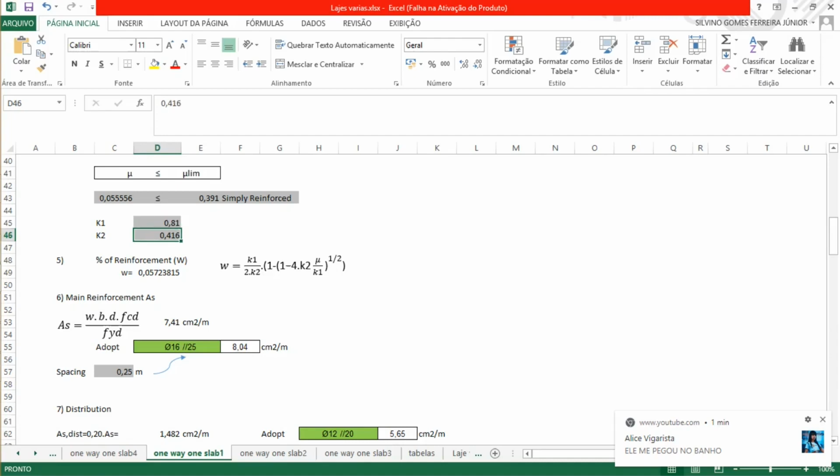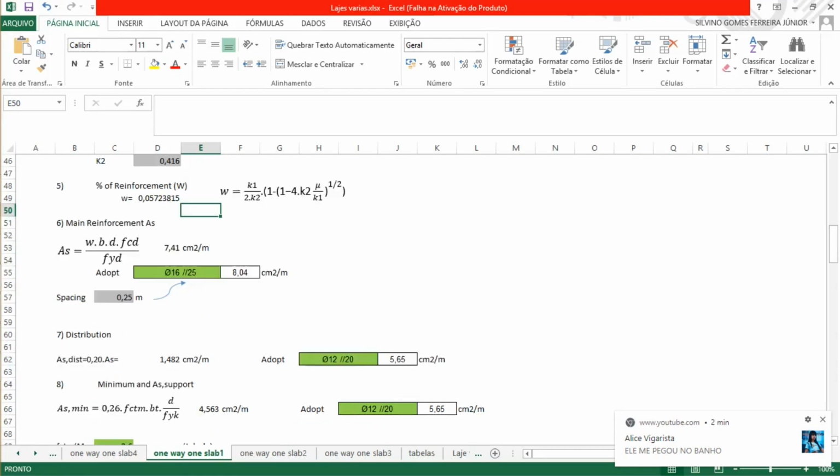And we have this one. You just need to put it there. We can see the equation, and we get the value 0.057% for reinforcement.